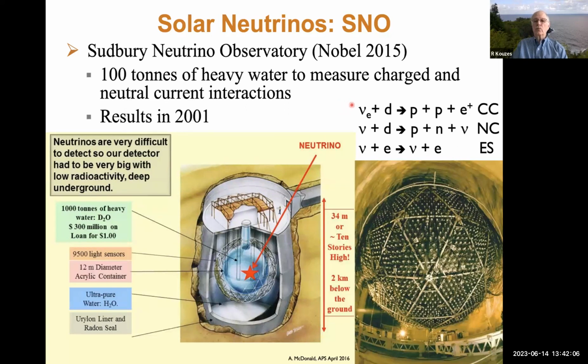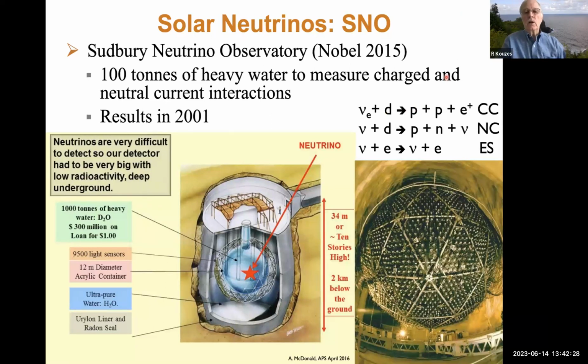Now, the thing that was new about SNO and unique, and which helped solve this solar neutrino problem, was the fact that it observed three different reactions. Electron neutrinos from the sun could cause inverse beta decay on deuterium, producing 2 protons and an electron.